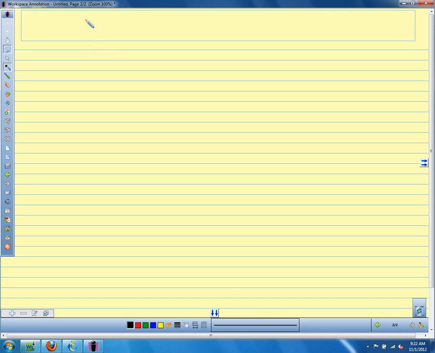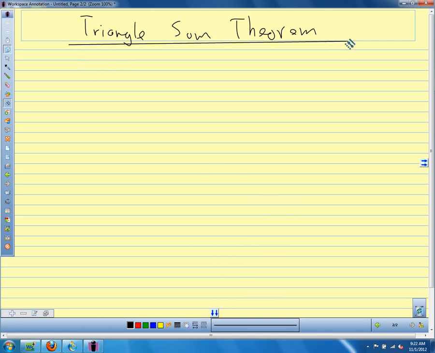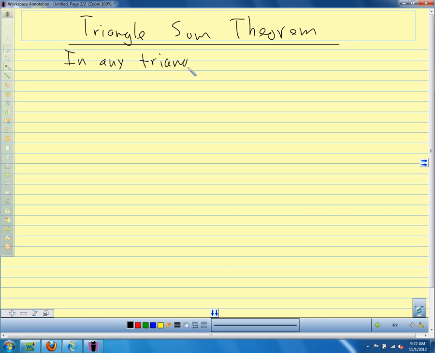So, the triangle sum theorem just tells us that in any triangle, the measures of all the angles add to 180.